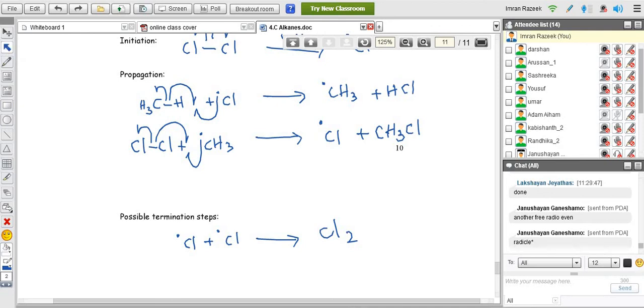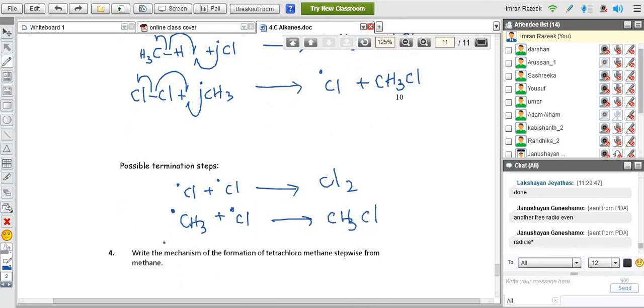You can also notice there's a methyl free radical produced here. That methyl free radical may also combine with this chlorine free radical. Any two free radicals can react. So you have a methyl free radical reacting with a chlorine free radical to form chloromethane. Or even two methyl free radicals can combine. So there are enough methyl free radicals in the system, like two chlorine free radicals combined before.